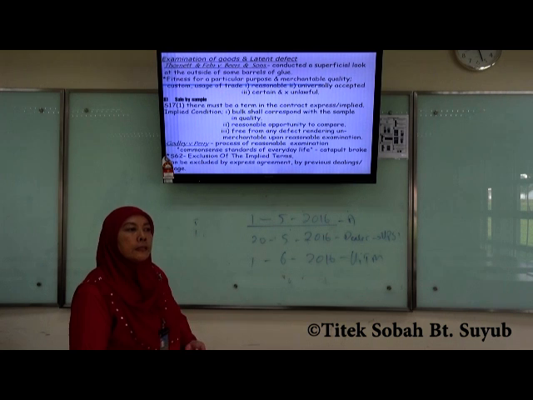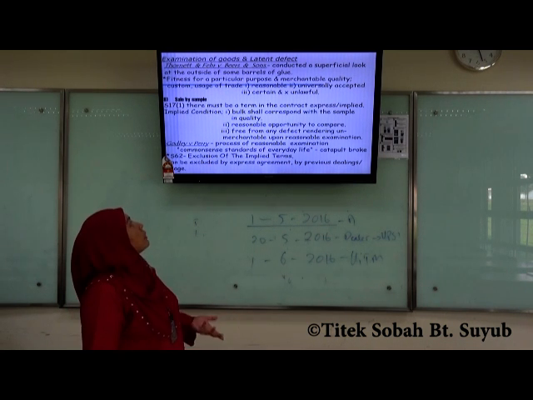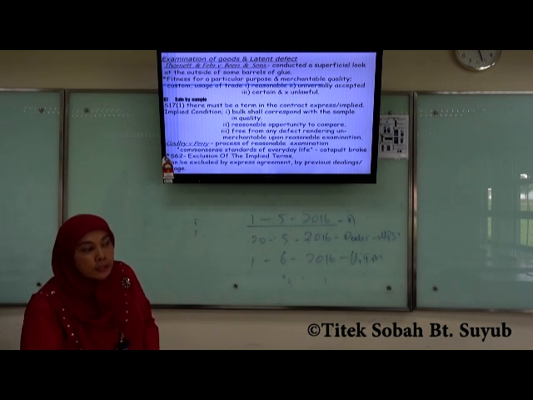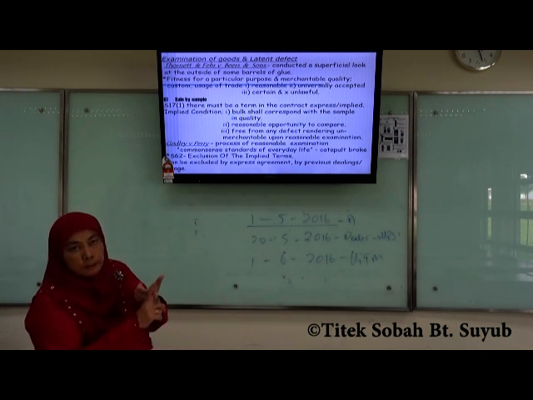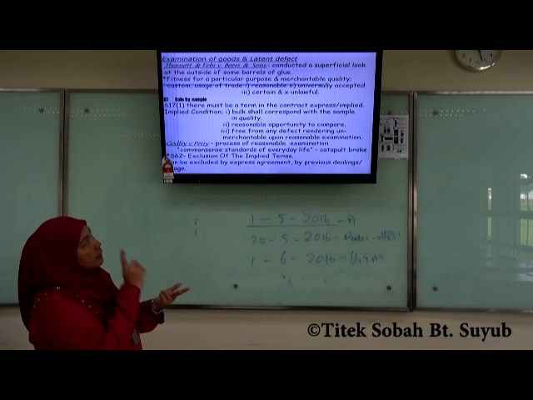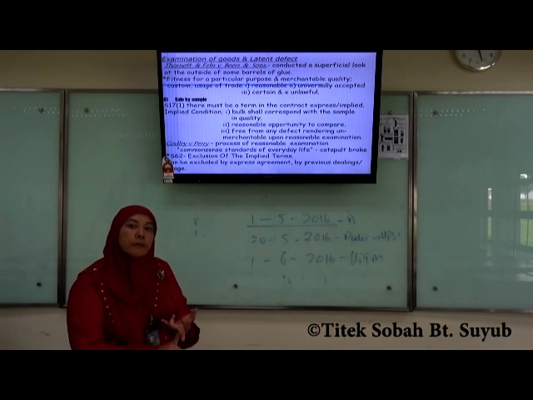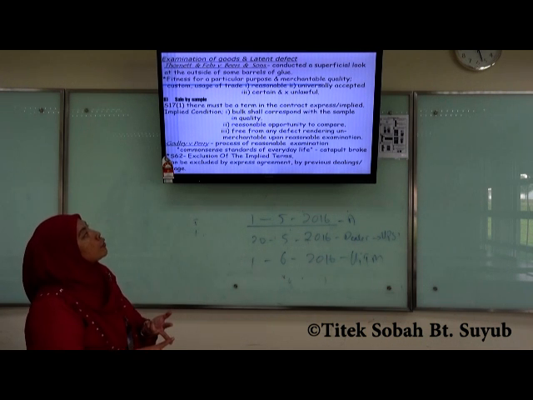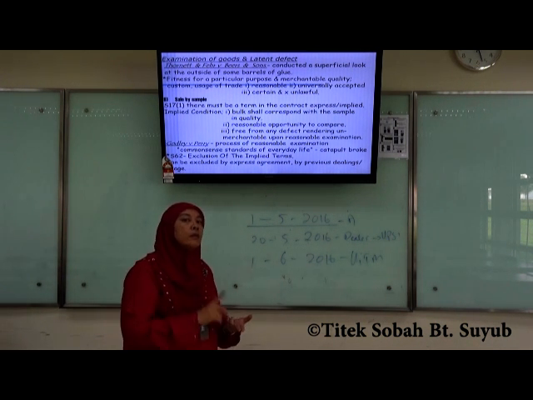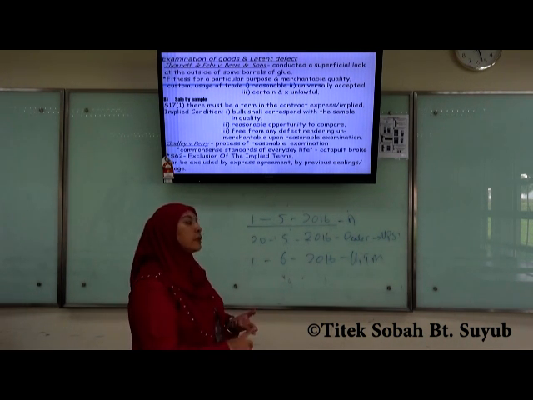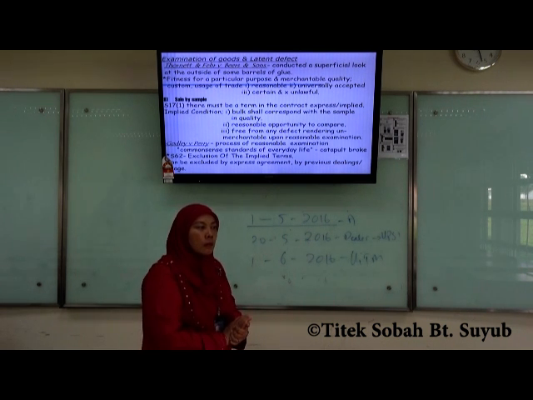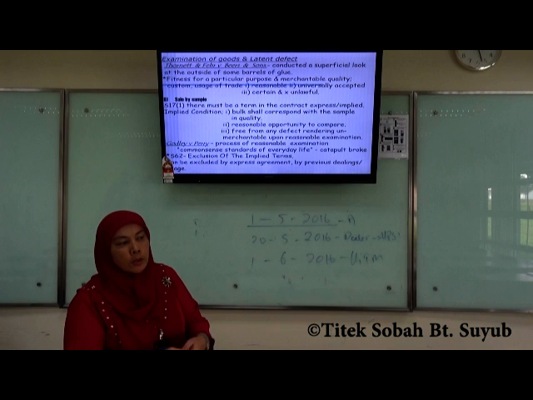Ia bergantung kepada amalan perniagaan. And this custom and usage of trade needs to be reasonable, mestilah wajar, and it needs to be universally accepted, diterima pakai sejagat. And also it has to be certain and not unlawful, dan tak boleh bercanggah dengan undang-undang.